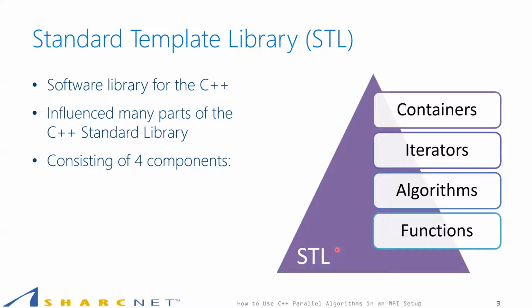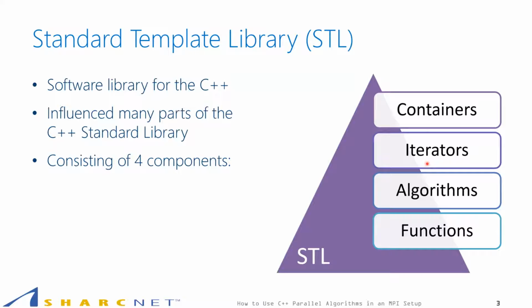So, the standard template library, or STL for short, is a fundamental part of the C++ standard, and it has influenced many parts of the standard library. It consists of 4 major components. Containers are generic implementations of major data structures.